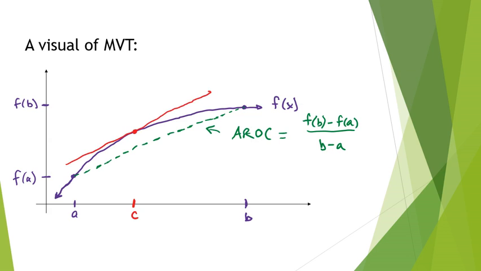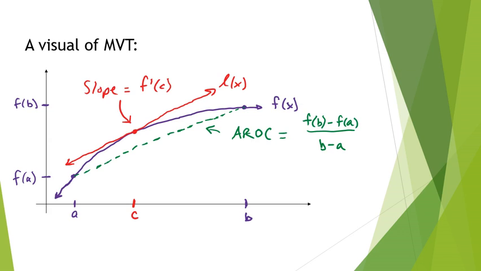So f prime of c here, if I call this my tangent line L of x, then the slope of this line is going to be f prime of c.